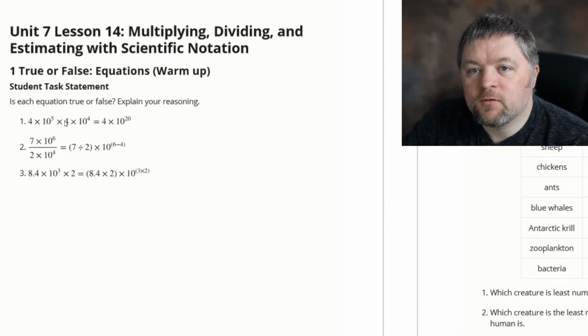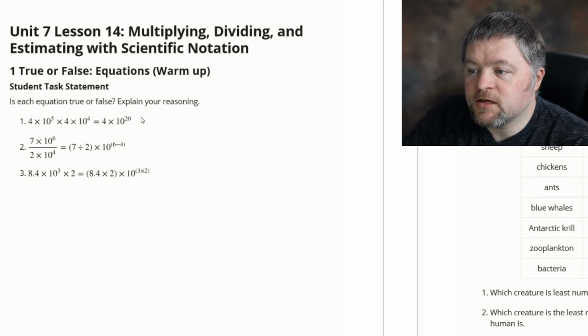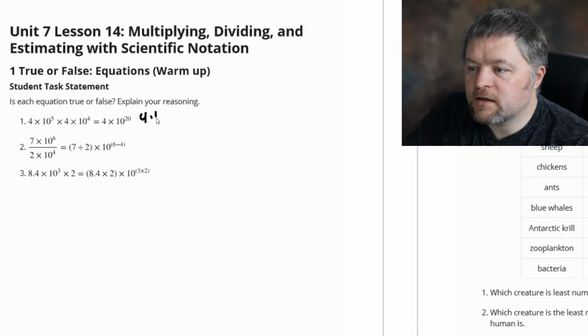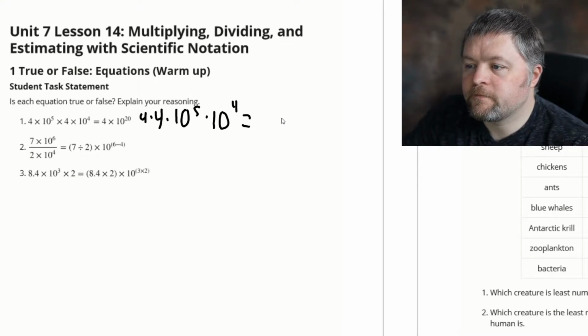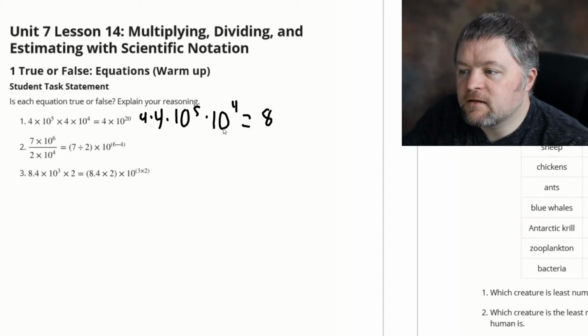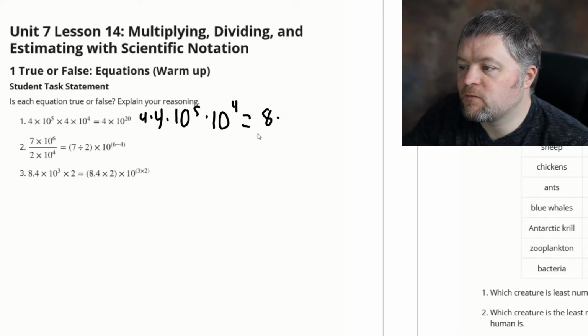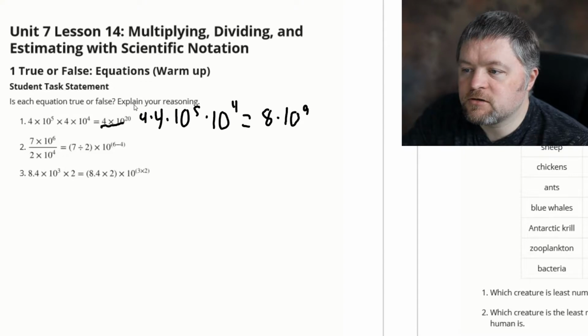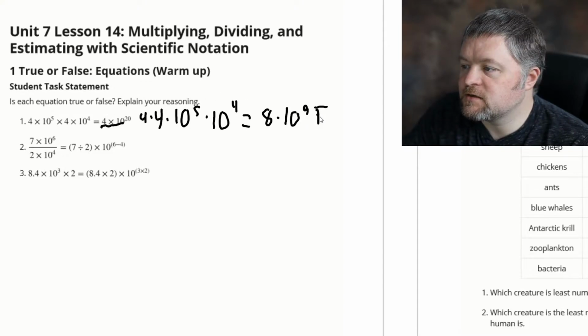This one, if we were to rearrange the pieces using the commutative property of multiplication, we would have 4 times 4 times 10 to the 5 times 10 to the 4. 4 times 4 is 8. 10 to the 5th times 10 to the 4th, when we're multiplying like bases, we add the exponents, is 10 to the power of 9. Does that match? No. This one is false.